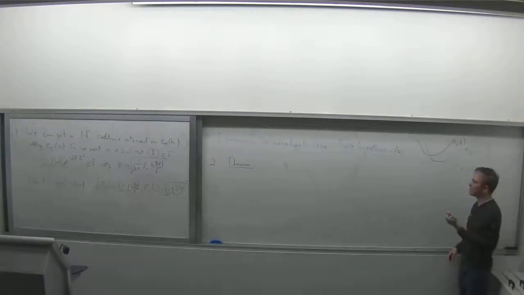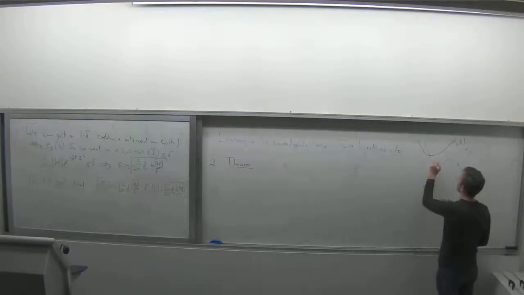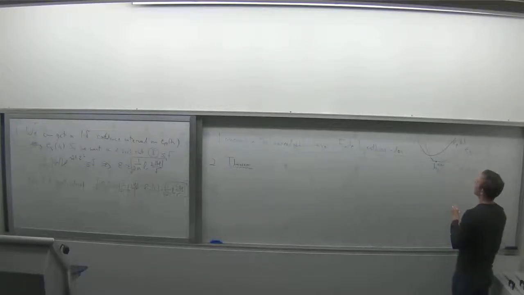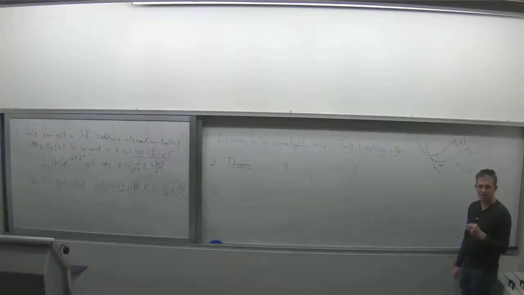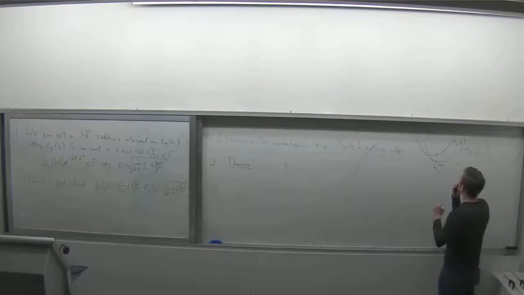The minimizer we call the ERM hypothesis. So we minimize this and we get the ERM hypothesis. What we're interested in is the generalization error of the ERM hypothesis. This is your actual performance, right?